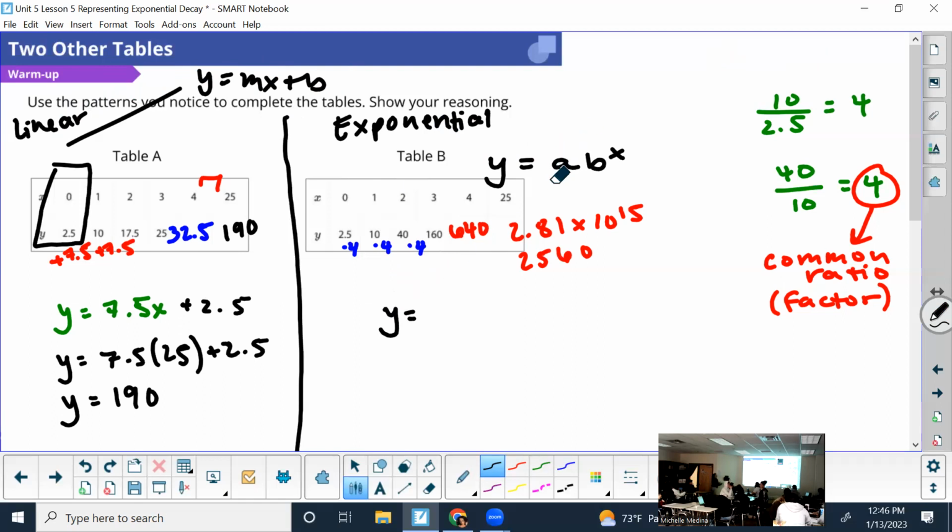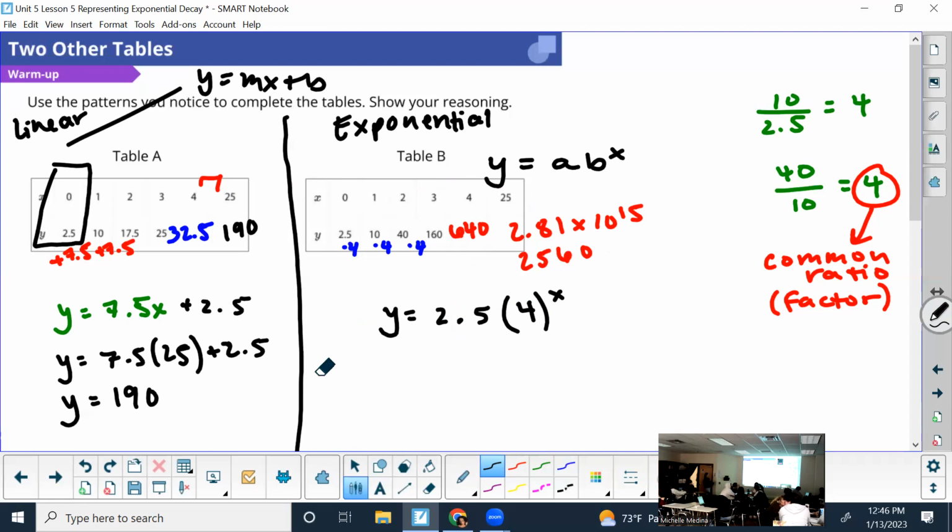Starting amount. What's my starting amount? Good, so put that in your A position. You're timesing it by b, which is going to be your common factor, which we said was 4. That'll be to the x power. That's what's going into the exponent spot, all these numbers.